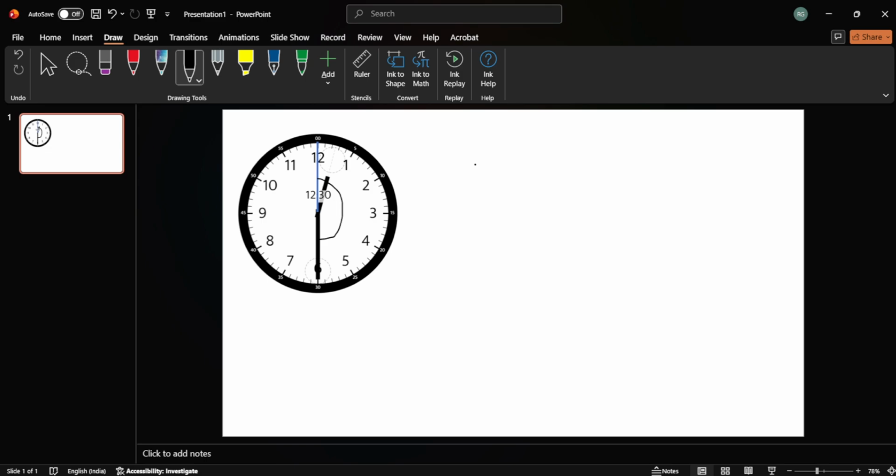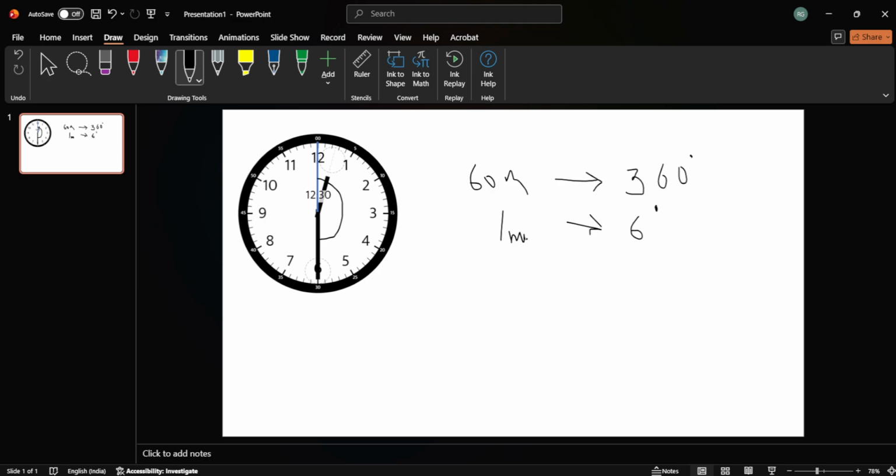So in a clock, the minute hand moves 60 minutes, and in 60 minutes it makes a 360 degree angle. So in 1 minute, it will make a 6 degree angle.